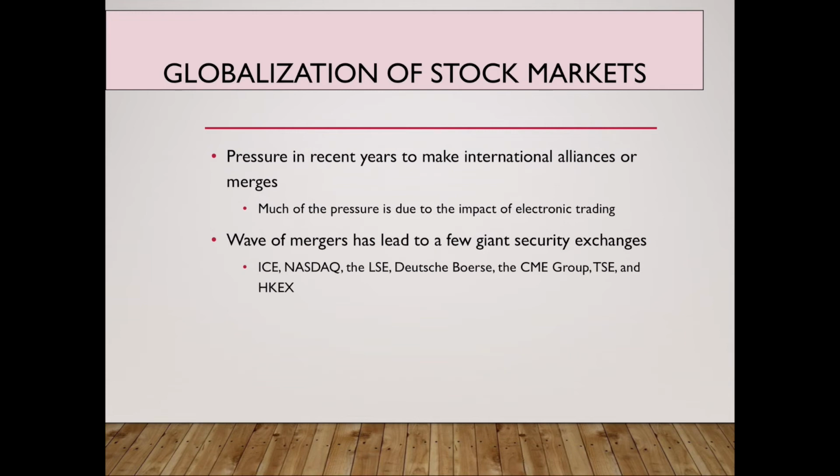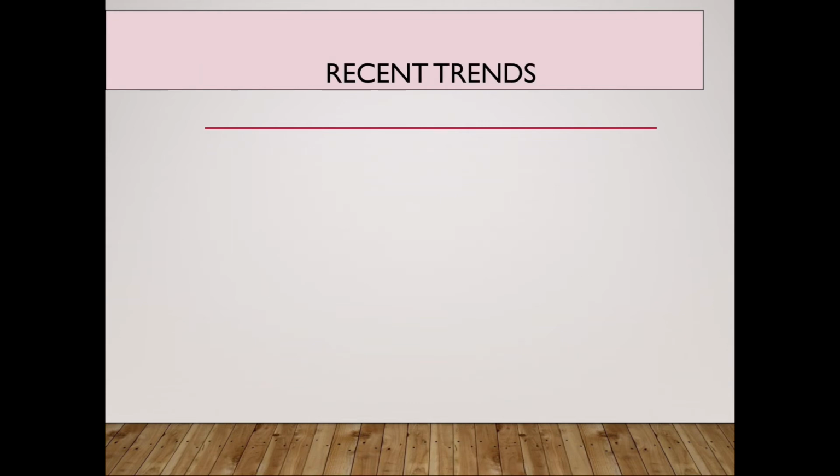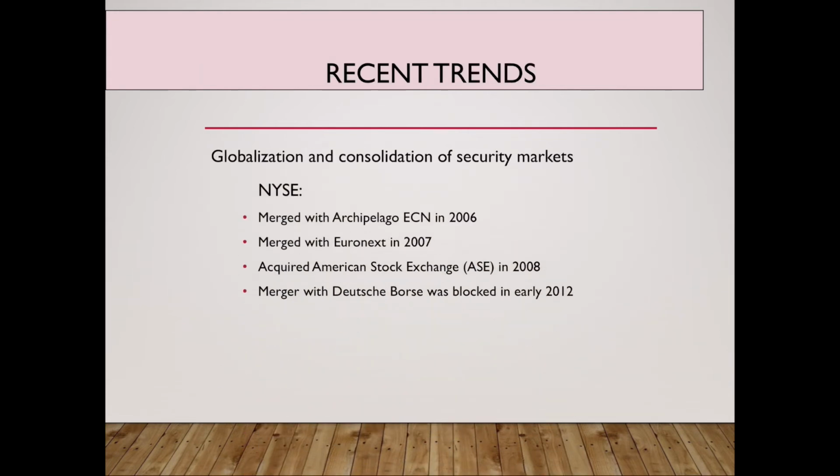So just looking at some details of these mergers and alliances that have occurred recently. First of all, the New York Stock Exchange, you can see all the different details that have occurred over that 6-year period in terms of its mergers and acquisitions.